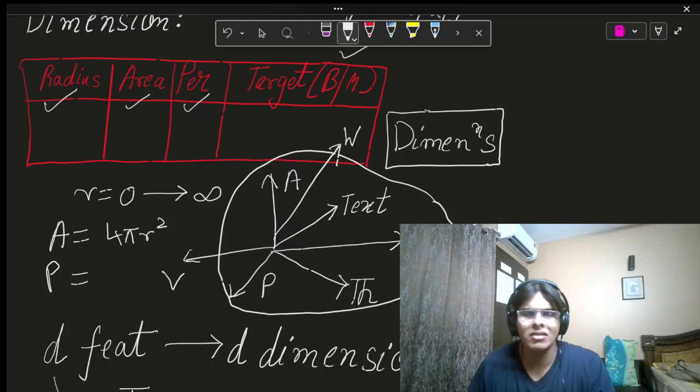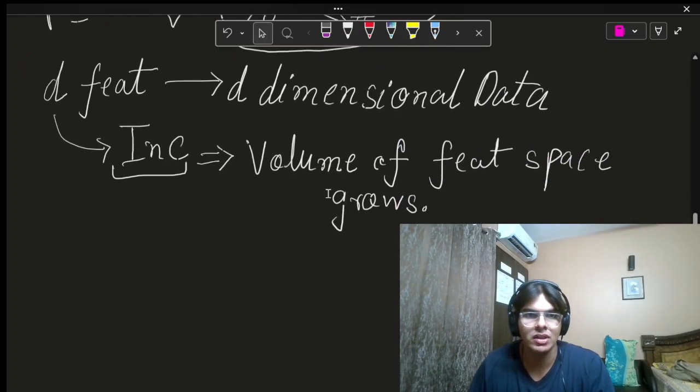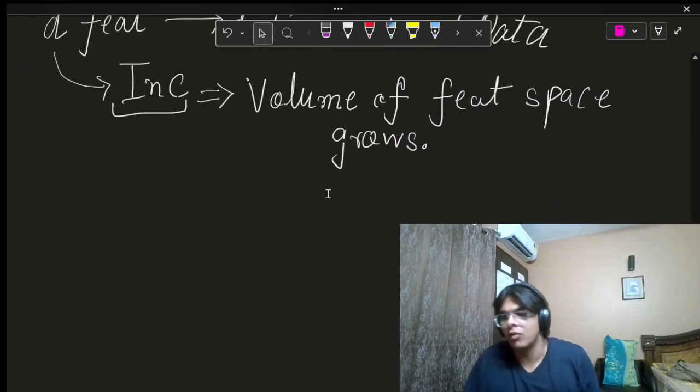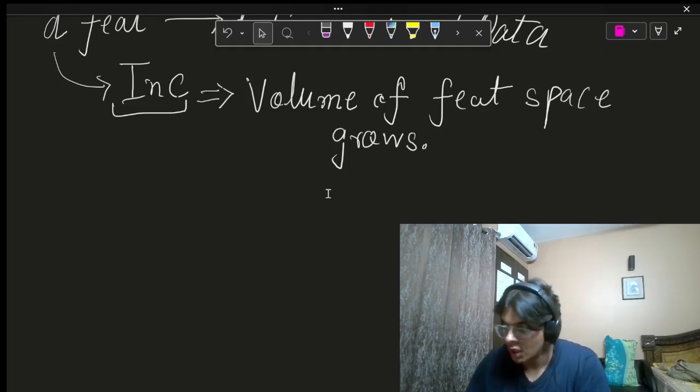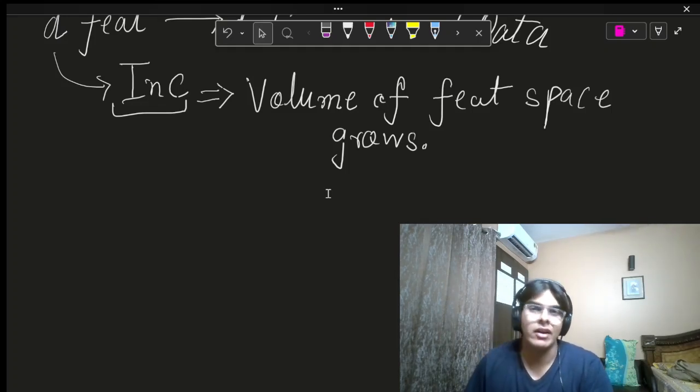This is nothing big, just a simple observation that will be useful for whatever discussion we do in the future. Now what happens when the number of dimensions grows? They lead to a lot of disadvantages. There are hardly any advantages of dimensions growing, and I'll tell you why.